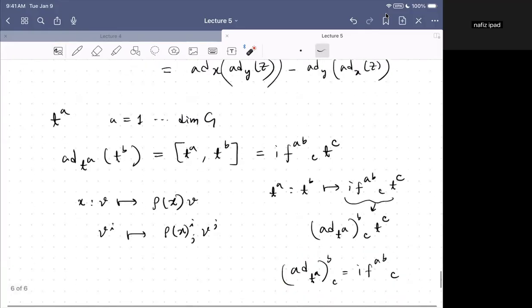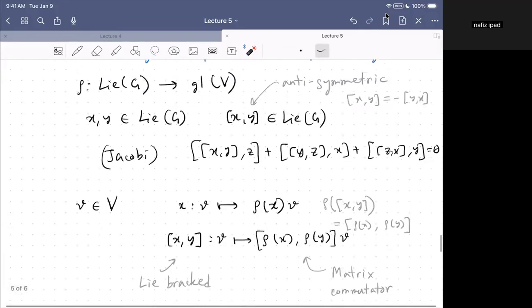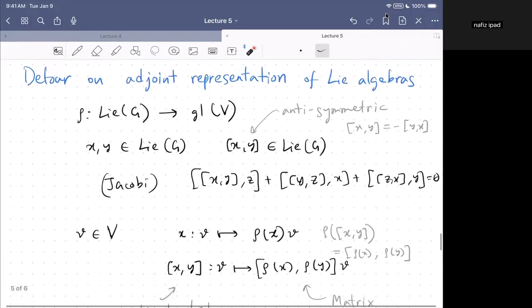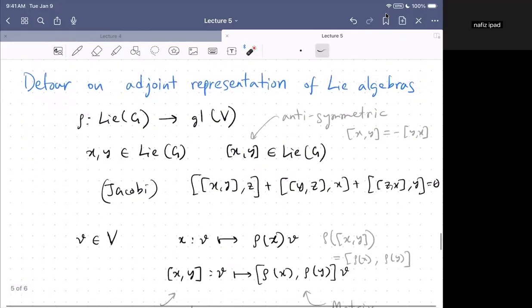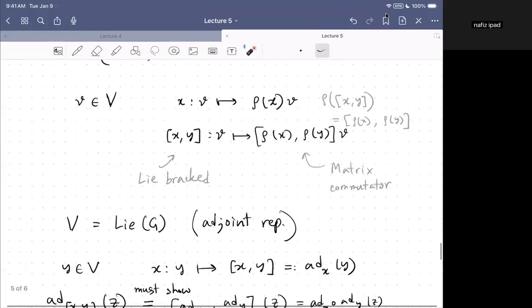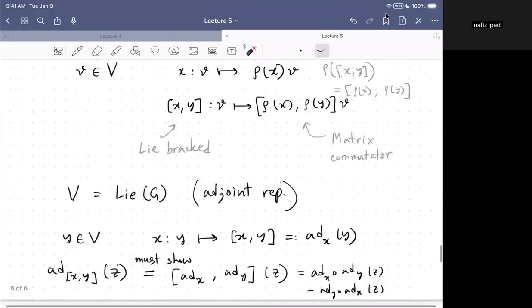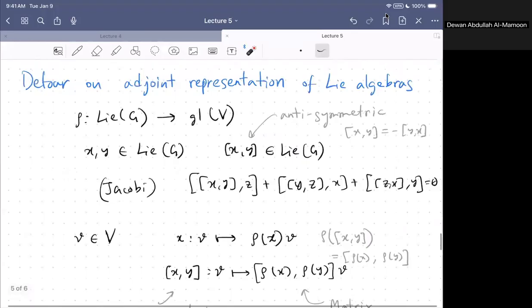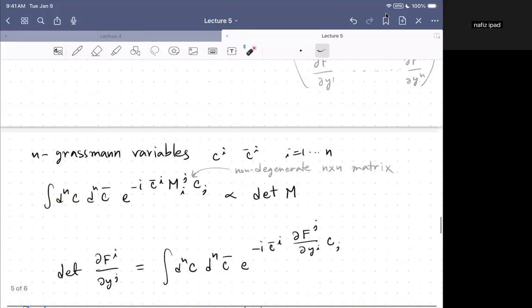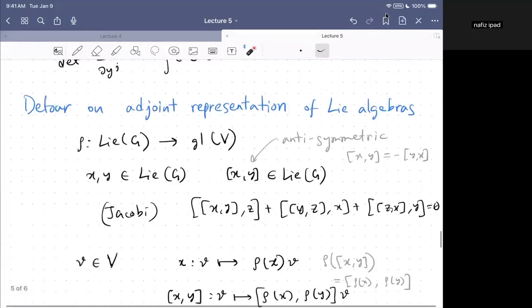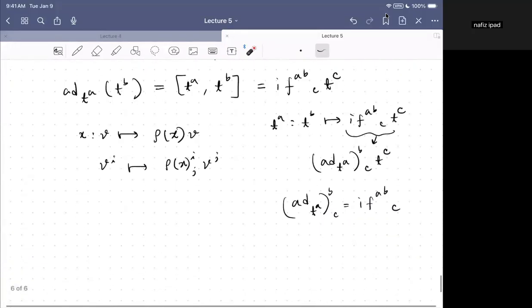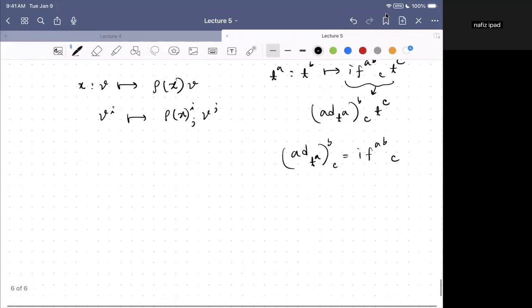And this is the reason why I kept the dimension of the representation arbitrary. Didn't I write dim V at some point? Yes, you did. Yeah, now I forgot where. Okay, somewhere. Even if you're working with U(N), right?